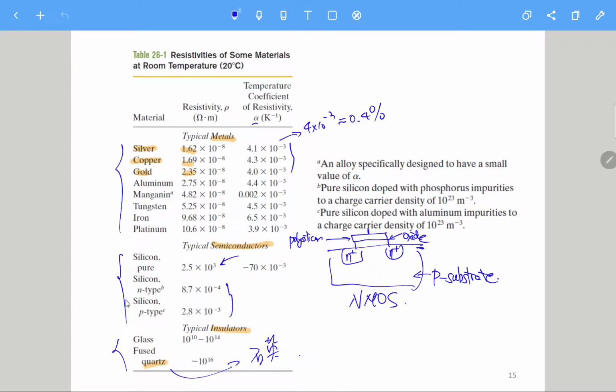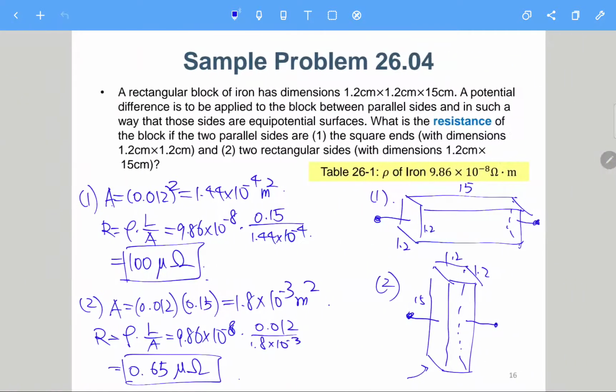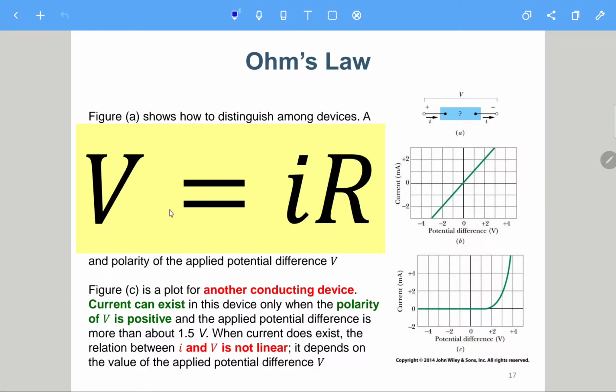For the semiconductor, it doesn't really match this. Although for some specific situations, we may use V equals IR to approximate the behavior of the semiconductor, generally it's not the case.